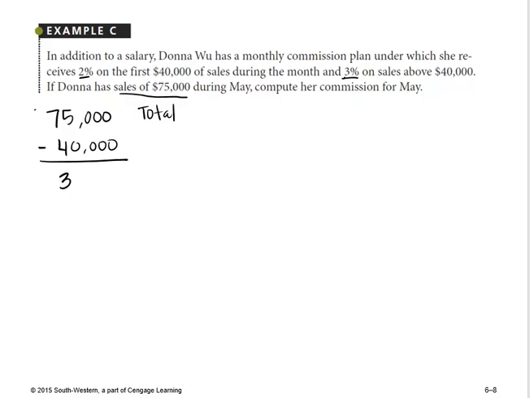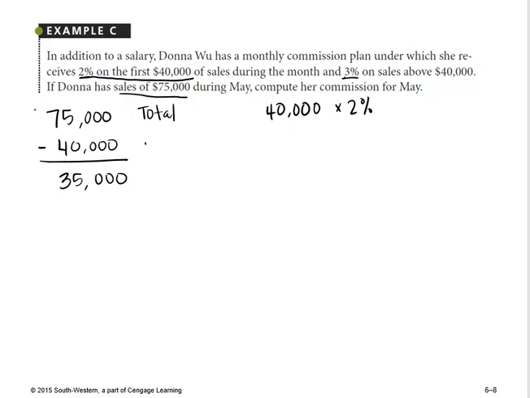This gives me $35,000. Remember that she receives 2% on the first $40,000 worth of sales, so that's going to be $40,000 times 2%.